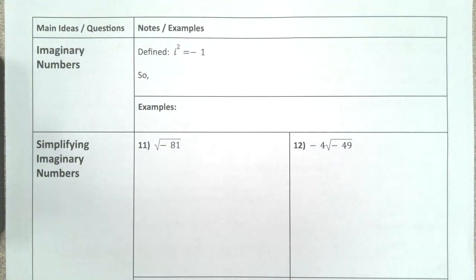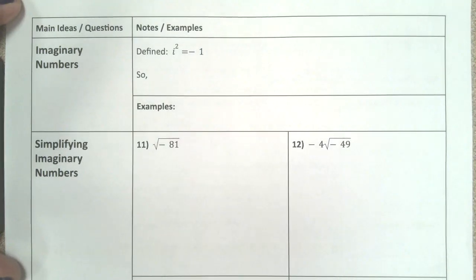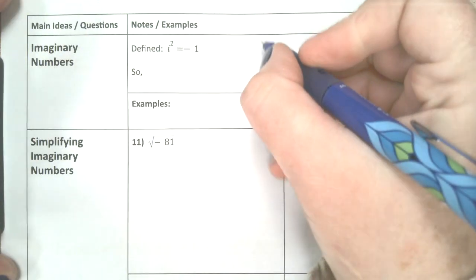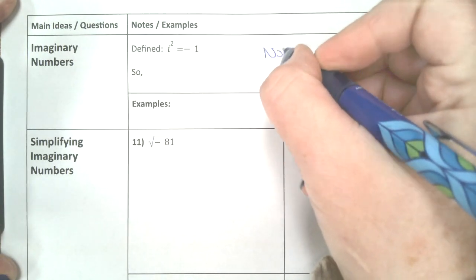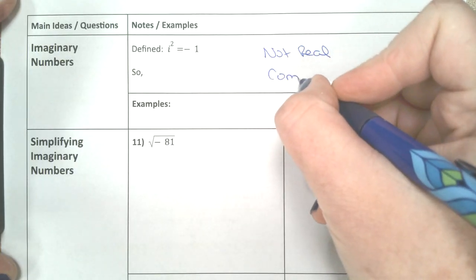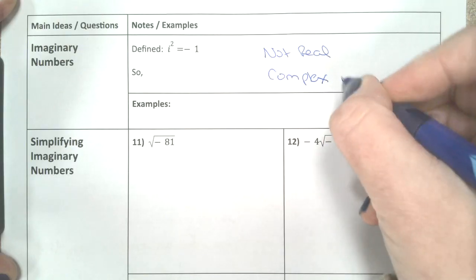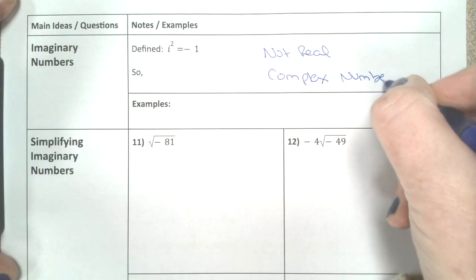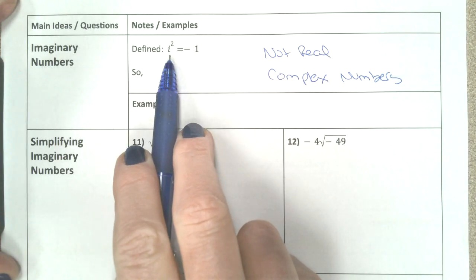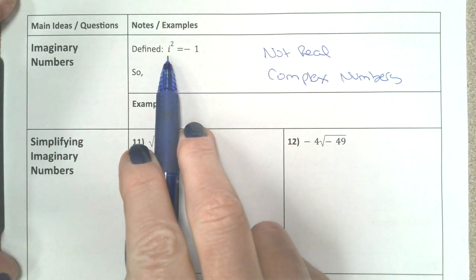Next slide, we are introducing the concept of imaginary numbers. Imaginary numbers are not real. They fit into a category of numbers called complex numbers. So we have this lowercase i.